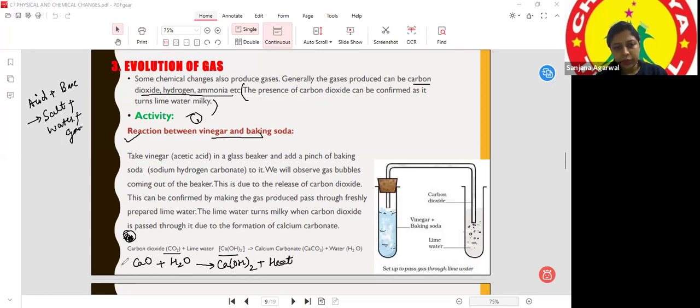Second example, you can write this. Calcium oxide is the powdered form. When we mix it with water to apply on the walls, it forms calcium hydroxide.